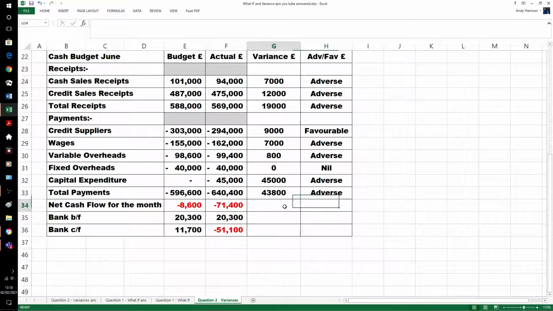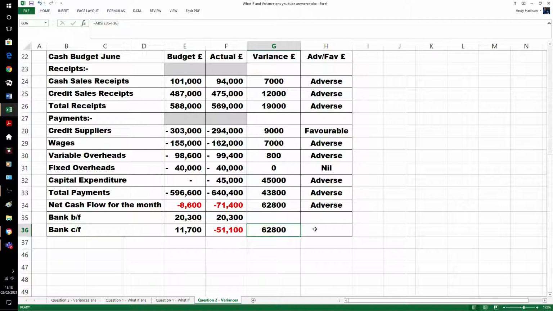So our net cash flow for the month then, so let's have a look at this one. £62,800 adverse, which explains turning this into here. So that of course stays the same, so that's our 62,800.